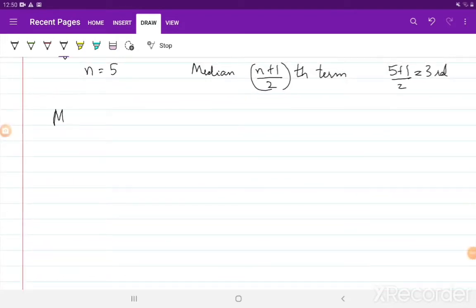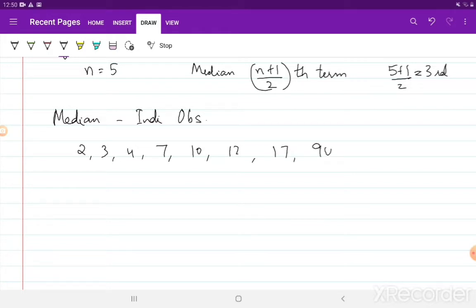While calculating the median for individual observations, it may so happen that the number of observations you have is even. For example, suppose you have a set of 8 observations which has been arranged in this manner. So n is 8, the number of observations.